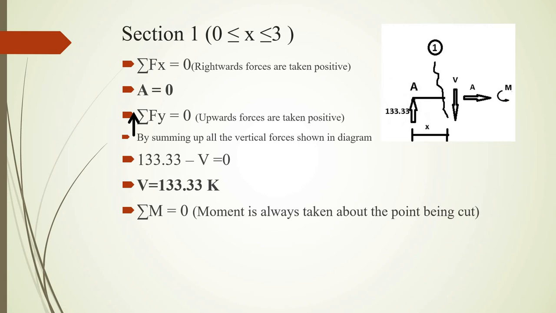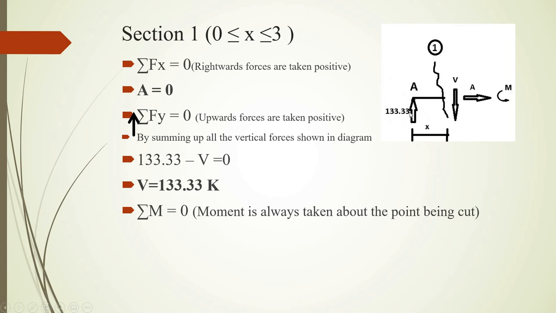Now the last equation I'm taking is the moment equation, and the moment should always be taken about the exact point where the beam is being cut. So this would be the point. When I'm taking this point as pivot, A and V would have 0 distance with respect to this point, and that means they are not going to be a part of my equation.